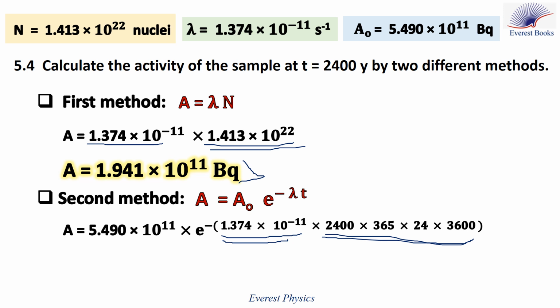If the unit of lambda is year to the power minus 1, the unit of time should be years. So every time you use the law of radioactive decay, pay attention to the units. The units should match. Now the answer is 1.941 times 10 to the power 11 becquerels.